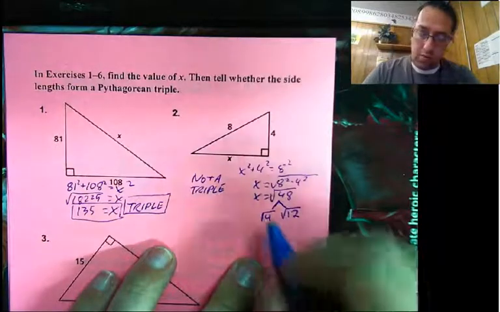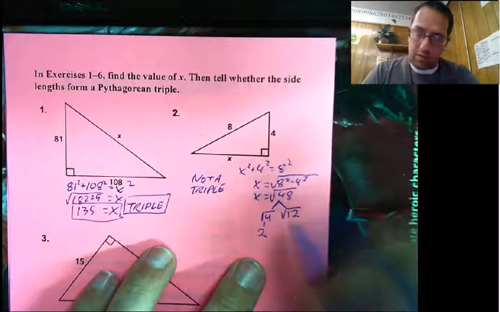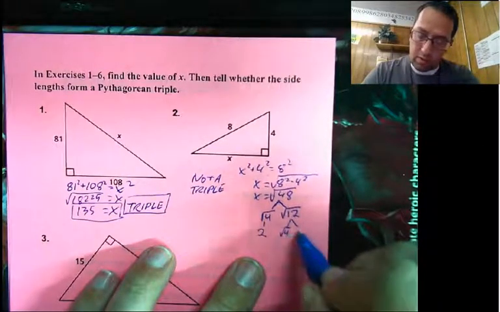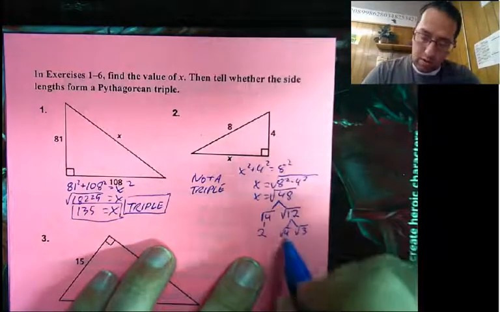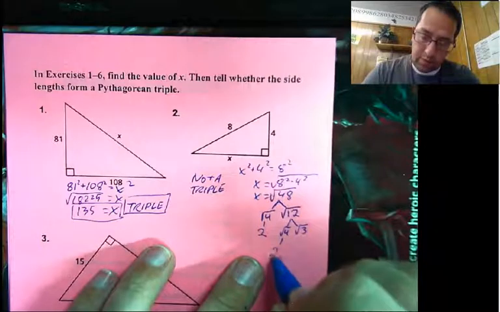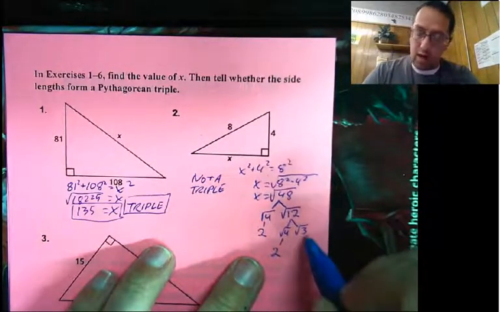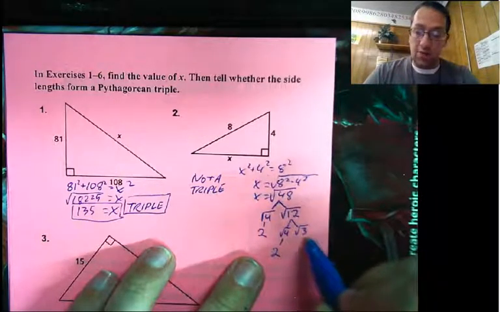So we have the square root of 4, well, the square root of 4 is 2. 12 is not a perfect square, so we need to factor that again. So we have the square root of 4 and the square root of 3. Okay, so 4, once again, that is a perfect square, so that is 2. And we have 3, which is prime, so we can't factor that anymore.